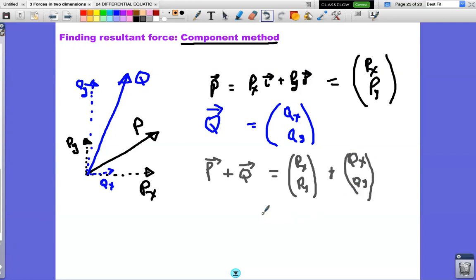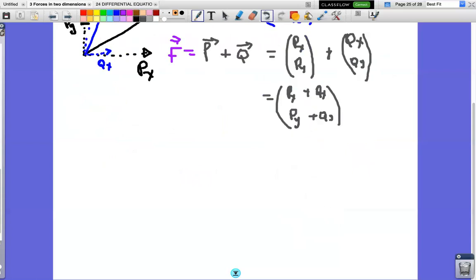So you simply add these two, right? So you get Px plus Qx, Py plus Qy. And this is a very good way to add this up. So this is your F. Your resultant force will just be the vector sum of those two forces.